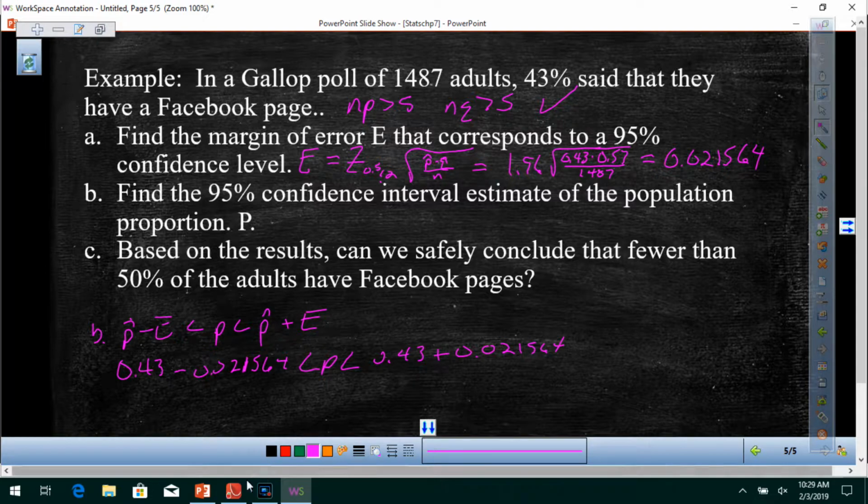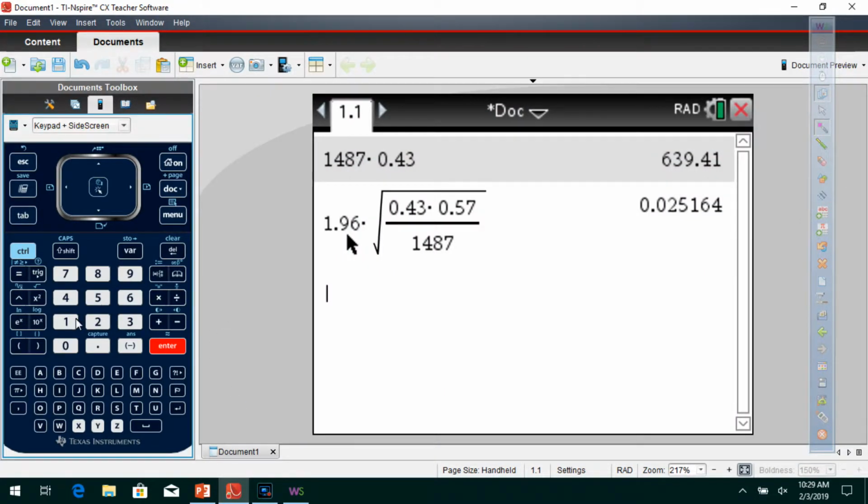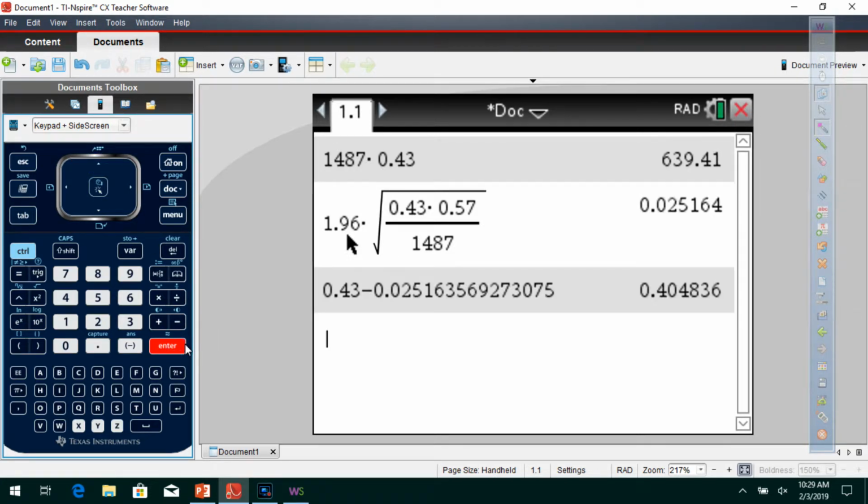All right, so I'm going to go back to my calculator, and I'm going to say 0.43 minus, and I'm just going to go back up there and grab that so I don't have to worry about the rounding.